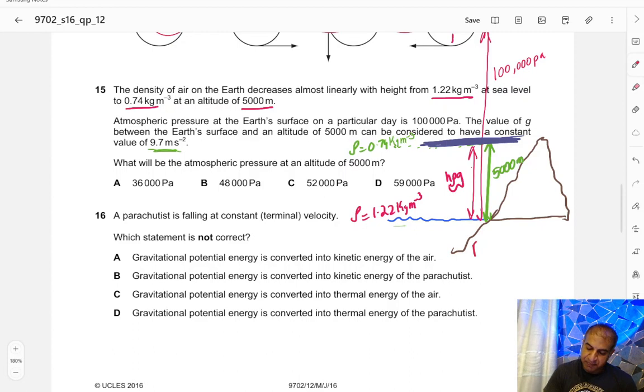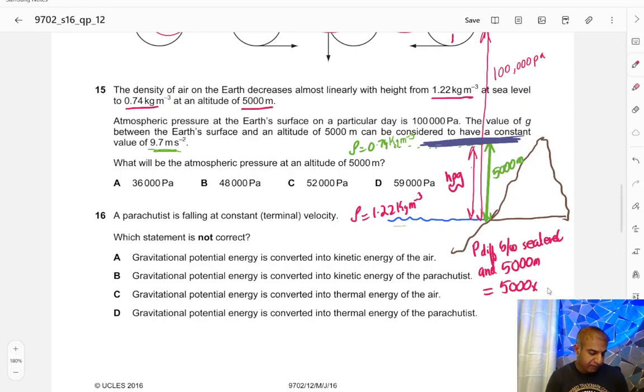The pressure difference between sea level and 5,000 meters is equal to the change in height, 5,000, into the average density, which I have to find out, into g. The average density is 1.22 plus 0.74, divided by 2.